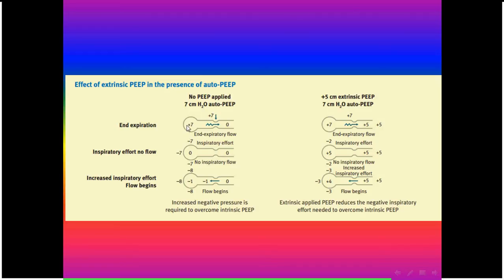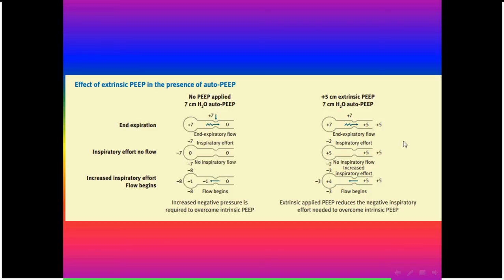In order to start triggering or to allow the passage of air, he has to make an effort of about 7 first, where this 7 makes the pressure within the alveoli 0. In order to allow the passage of air by a pressure difference of 1 centimeter water, the patient has to make an effort of about -8.